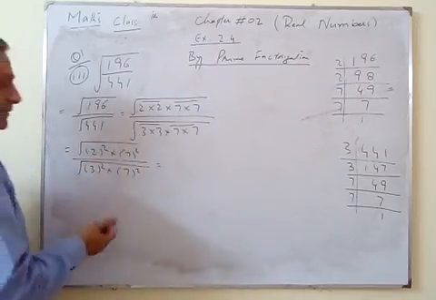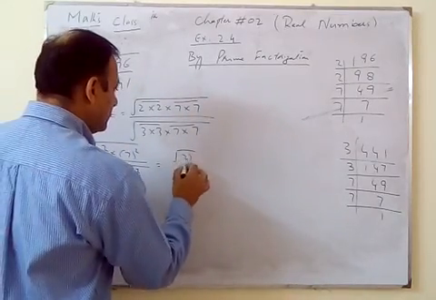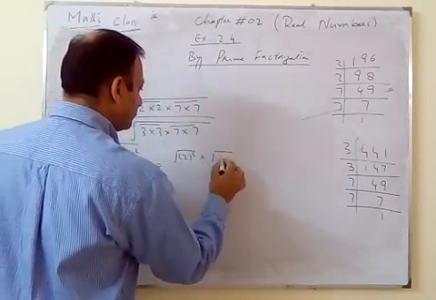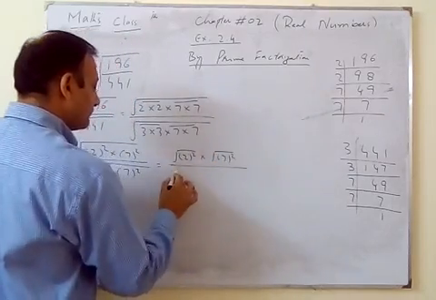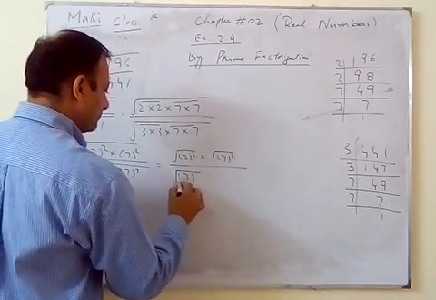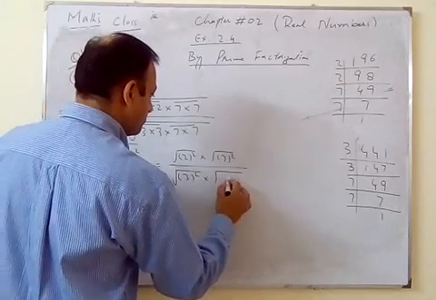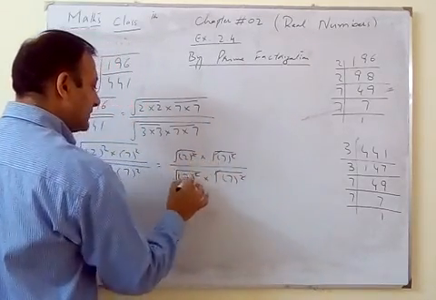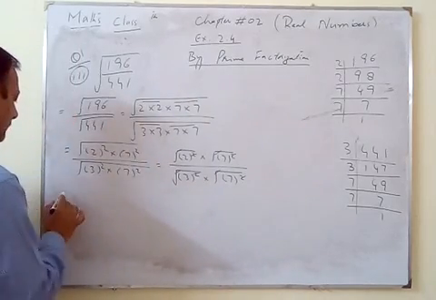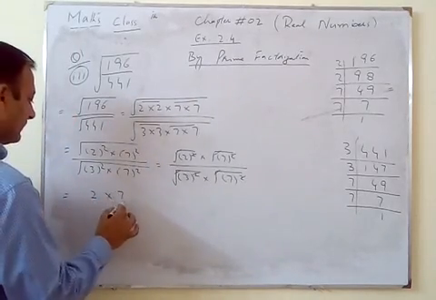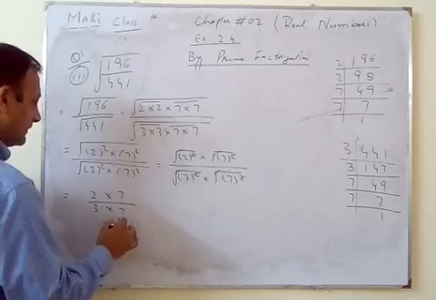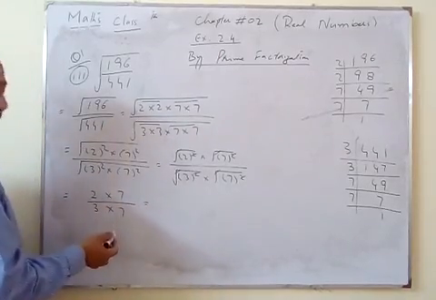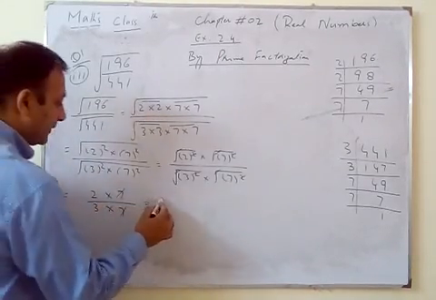Separate this square root for all. Cancel. So 2 multiplied by 7 divided by 3 multiplied by 7. 7 and 7 both can be cancelled here. 2 by 3.